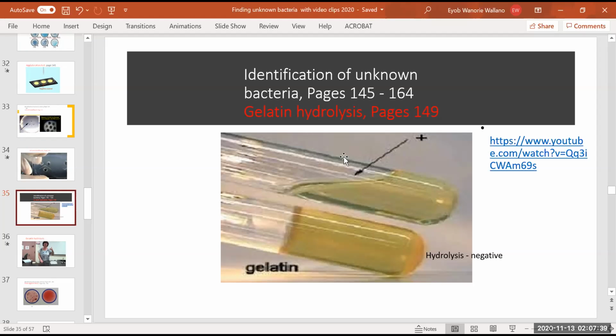If the bacteria does not have gelatinase, this is not going to melt. So for this reason, we are saying gelatinase negative and gelatinase positive. You see now. So there is an explanation for you better than I do here.